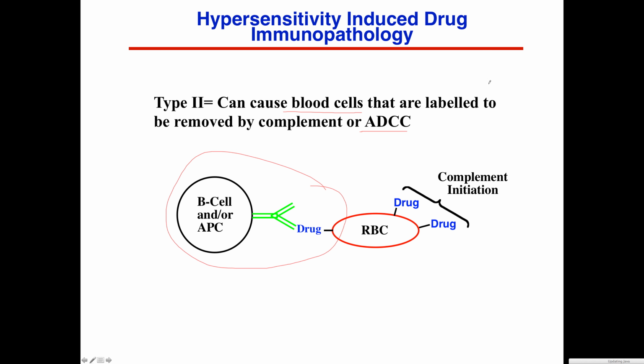You can also get this, as I'll point out, by complement initiation, right? Because if you have lots of drug on the RBCs and antibodies bind to that drug, then they can initiate complement, right? That would go in and attack the red blood cell. So there's a little crossover here between type 2 and type 3.